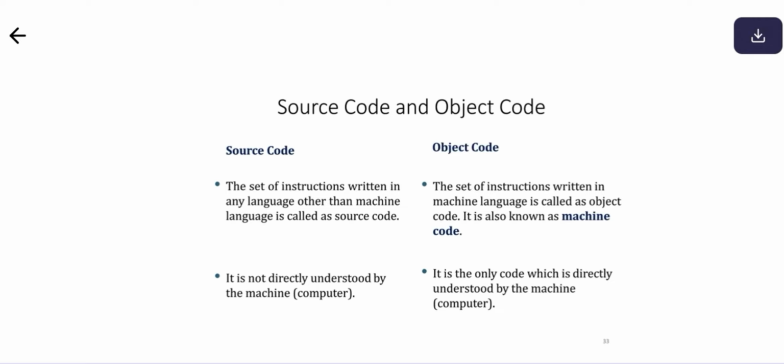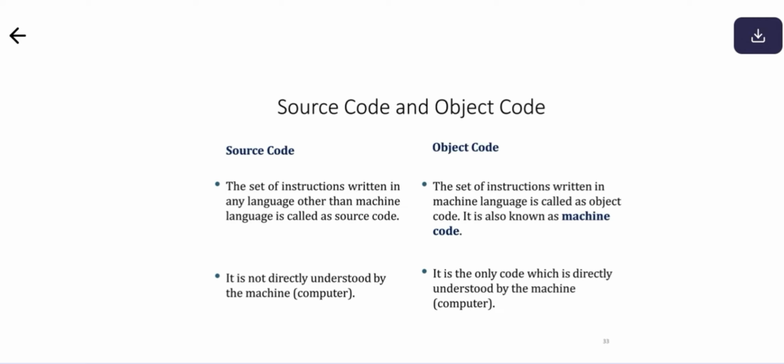While when it comes to object code, the set of instructions written in machine language is called object code, which is also known as machine code. It is the only code which is directly understood by the machine. So a source code is a language or an instruction that the computer does not directly understand.